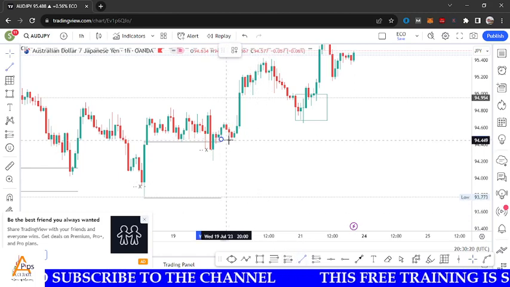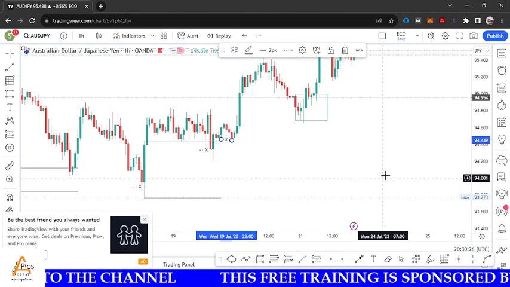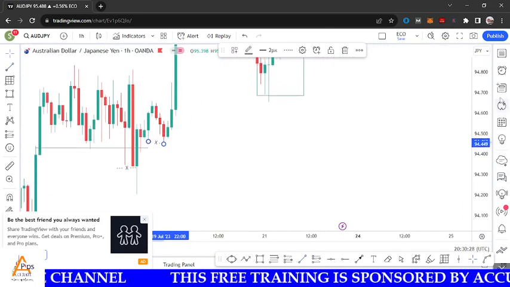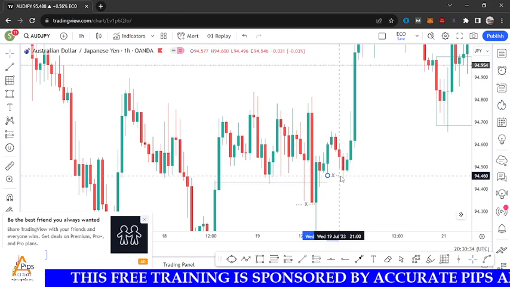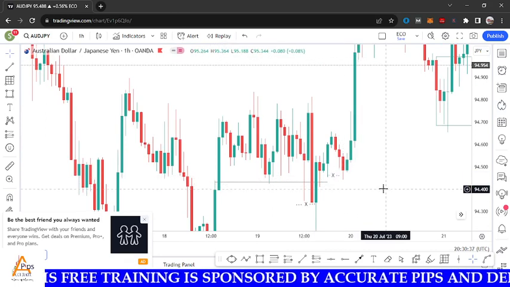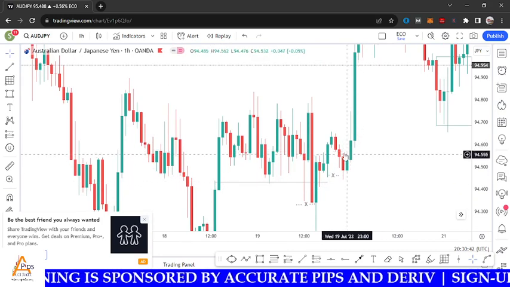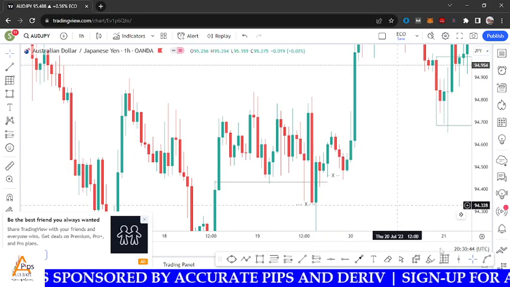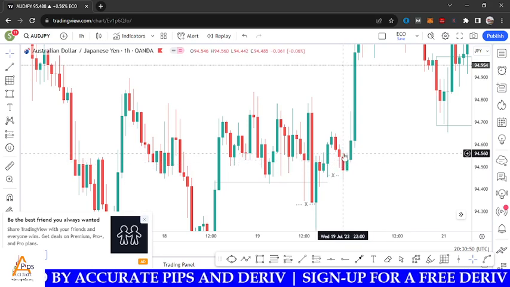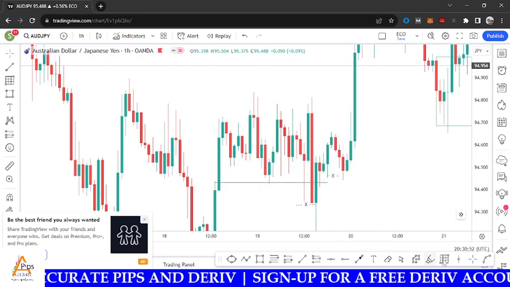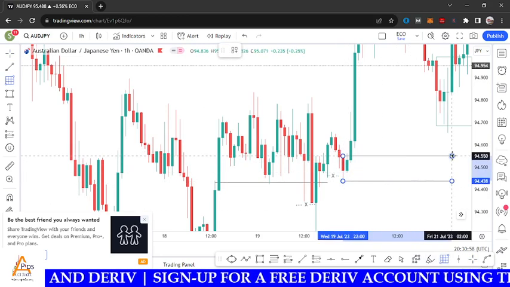Let me zoom in for you guys. So this liquidity. Then let's see, is there an imbalance? Yeah, there is an imbalance between this guy and this guy, and this guy is within the inside of this red candle. So these are valid, next valid order block.